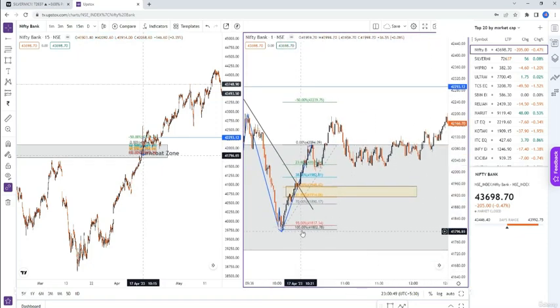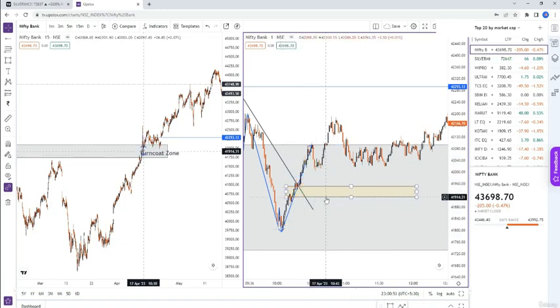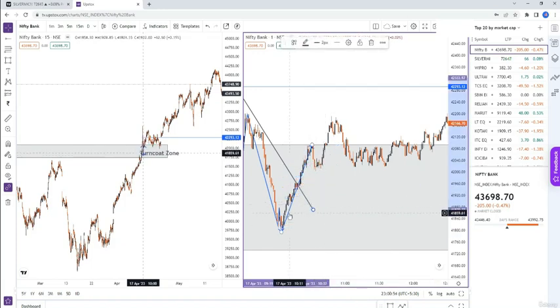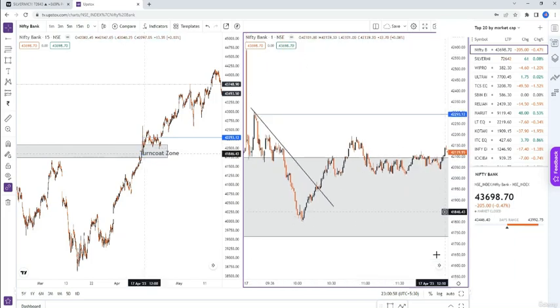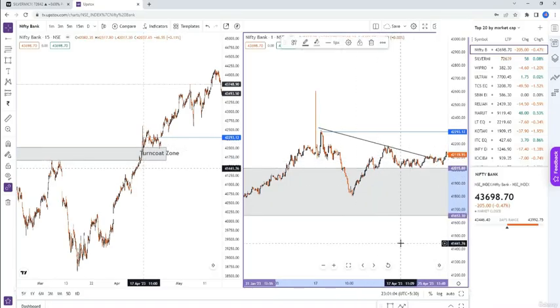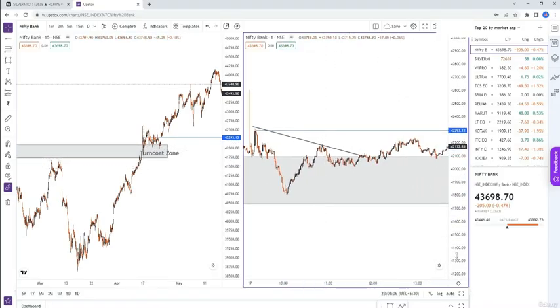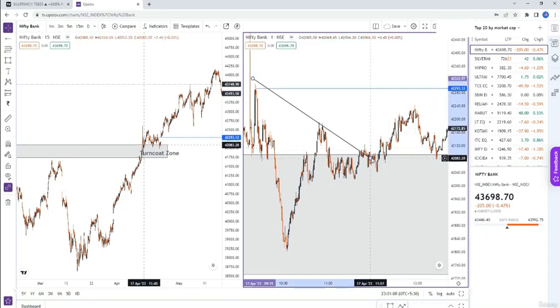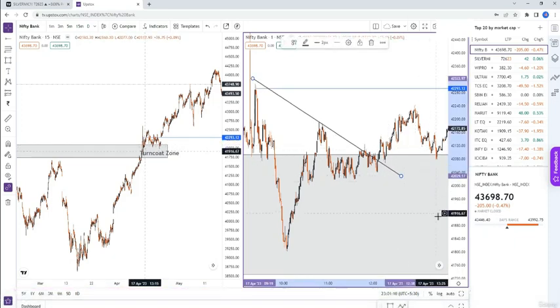Okay. Now, depending on how you draw the trend line, your zones will be drawn. For example, let me draw here, because here the market, due to volatility, right? Here are two different possible trend lines. So you see, this is also one trend line which is possible here. Okay.